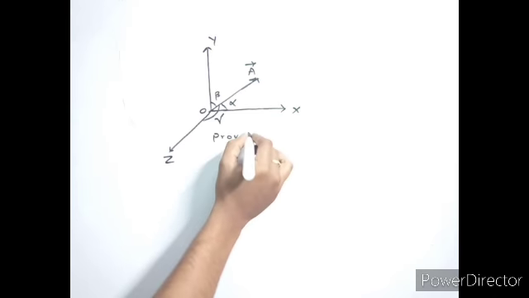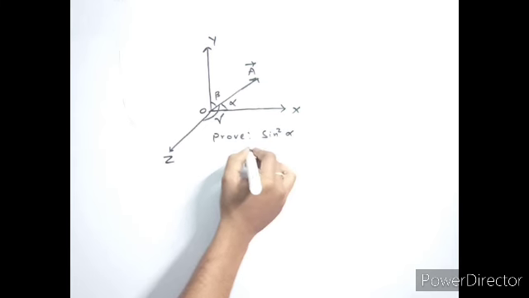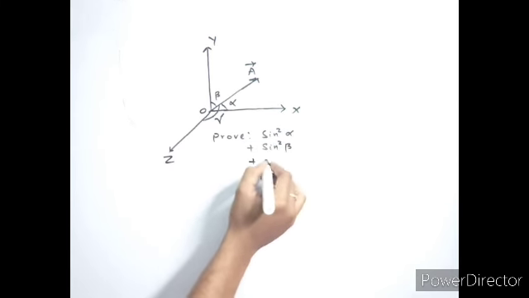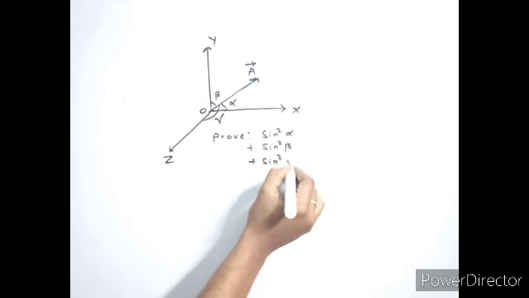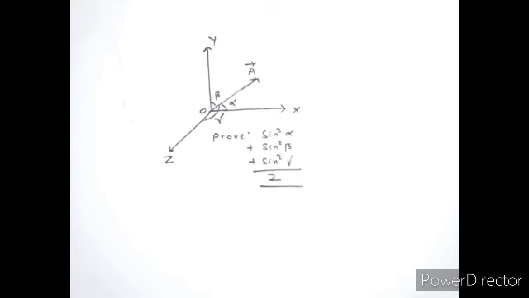So we just need to prove that sine squared alpha plus sine squared beta plus sine squared gamma equals 2. Now in order to do that, we proceed as follows.